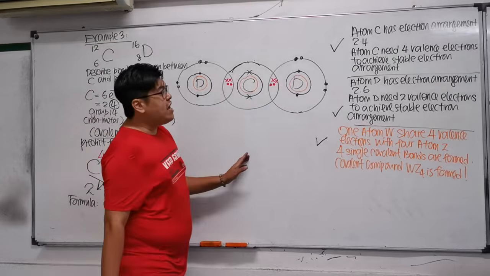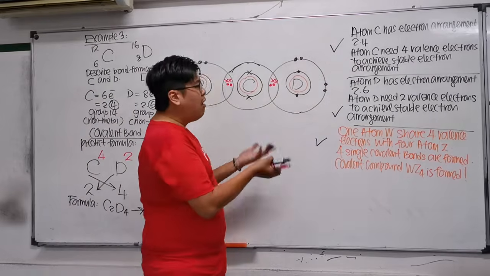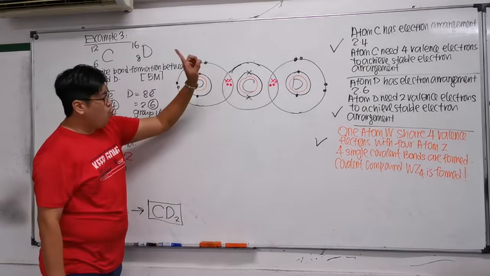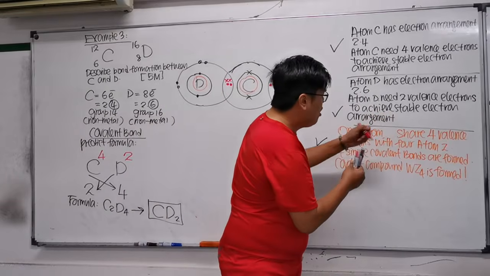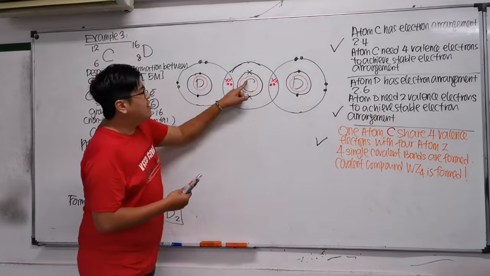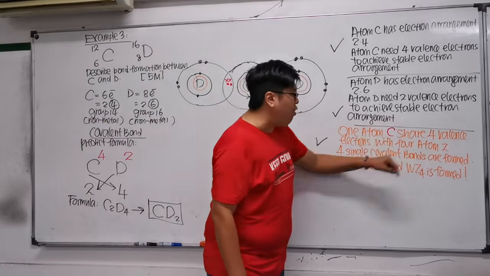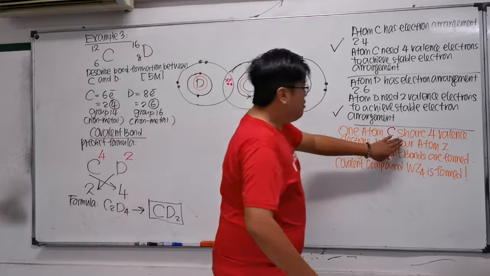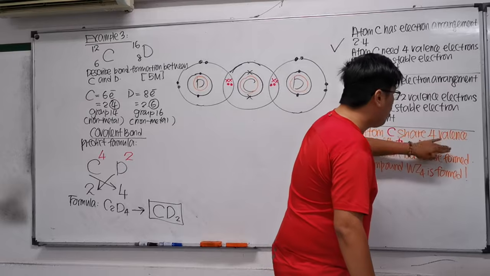Okay, so you have already introduced the prince and princess, C and D. Now, how do they join together? Watch your diagram. How many C do you have? 1. So 1 atom C will share how many electrons? The C here, 2 here, 2, 4. So 1 atom C shares 4 valence electrons. You share among 2 D. You share with 2 atom donkey.